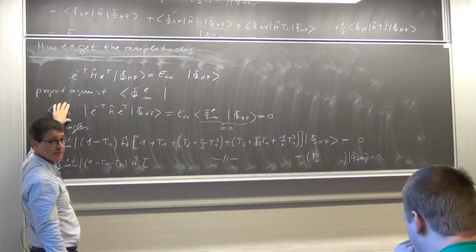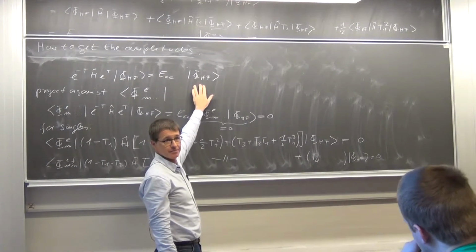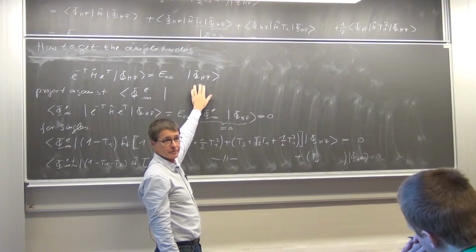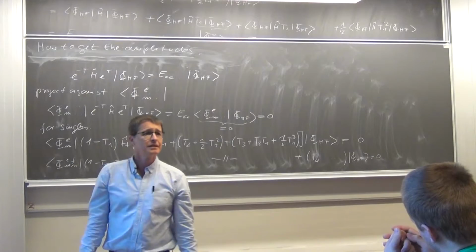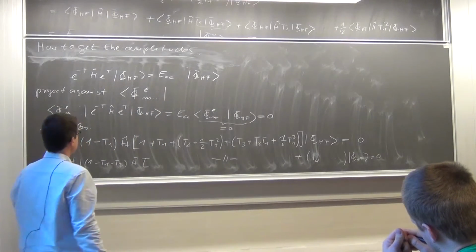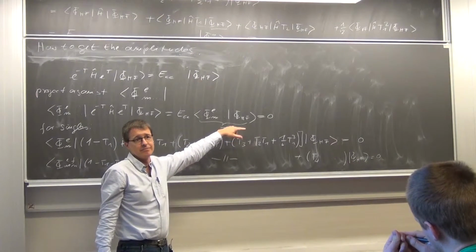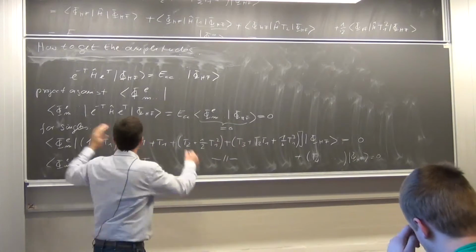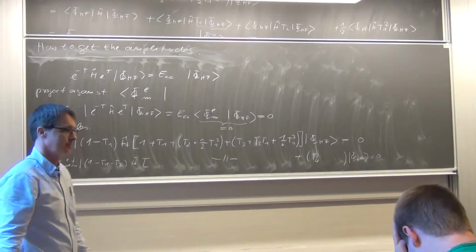But that determinant is orthogonal to the Hartree-Fock state. So the right-hand side of the expression always becomes 0. Never mind what happens in here, the right-hand side is always 0. And that means this matrix element is going to be 0.